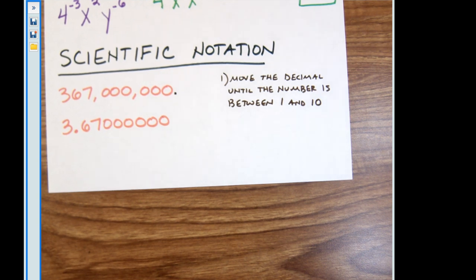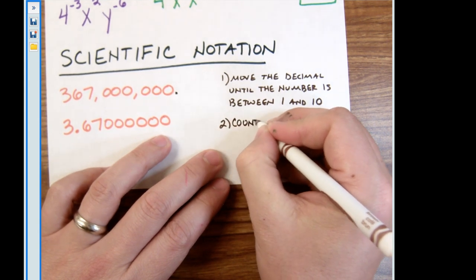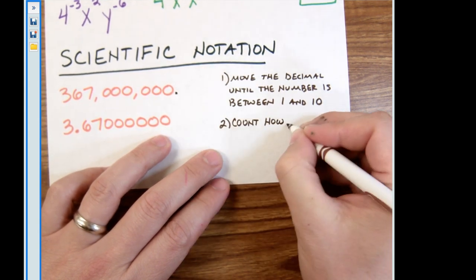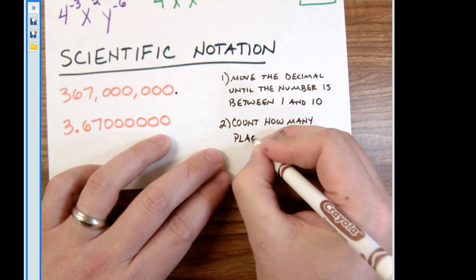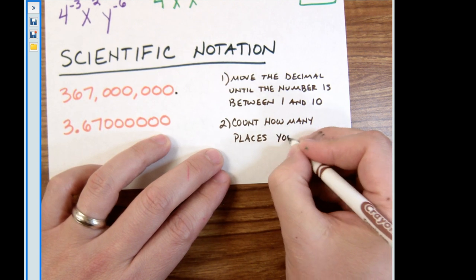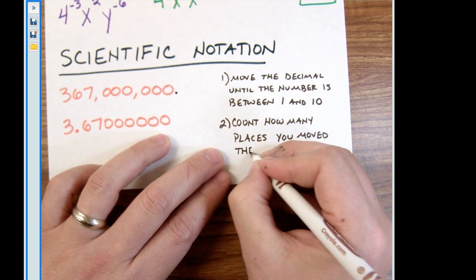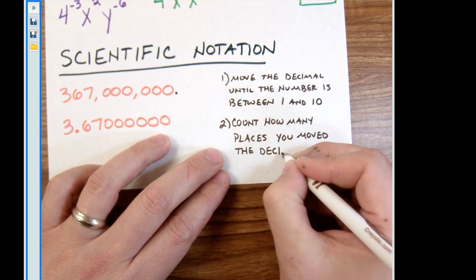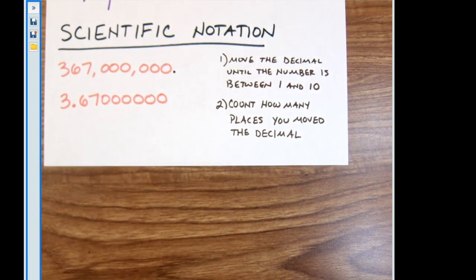Step 2, count how many places you moved the decimal. So when you move the decimal, you're going to move it in one of two directions. You'll either move it to the right or you'll move it to the left. That makes a difference when you're counting how many places.